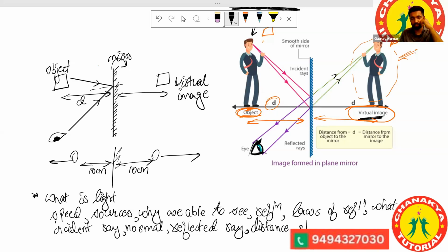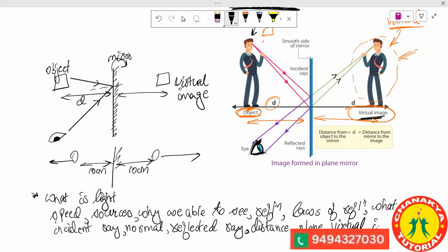What is a plane? We have learned about virtual image. Good. 2D, 3D.